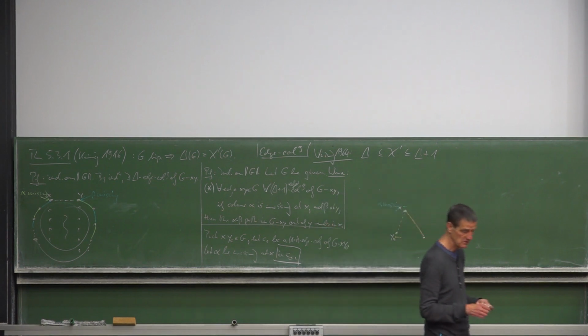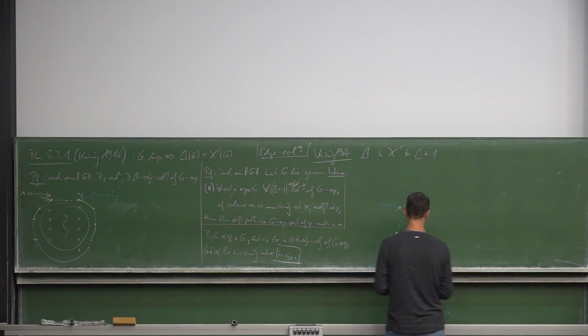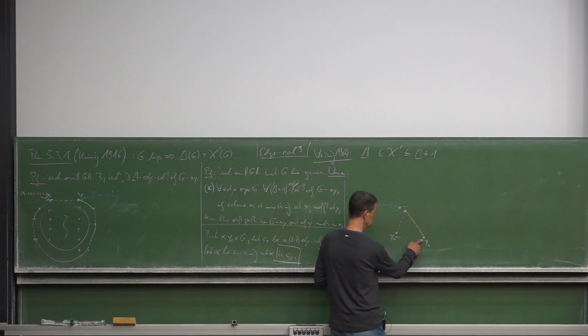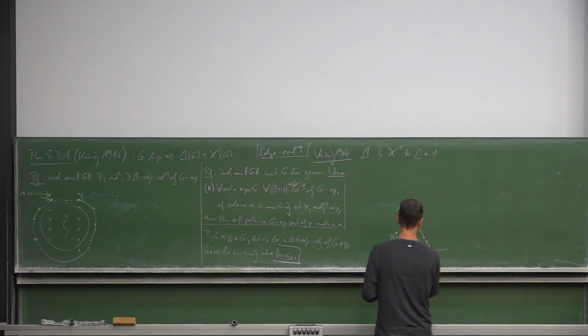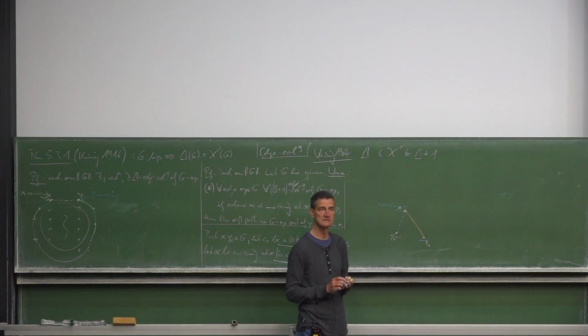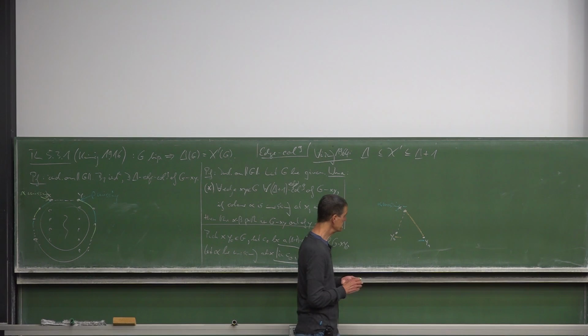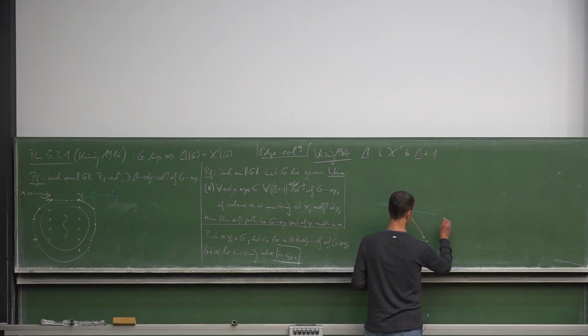Okay, so let's call this y1. At y1, there's a color missing. Oh, you can't see that. So blue is missing. Is there an edge out of X colored blue?